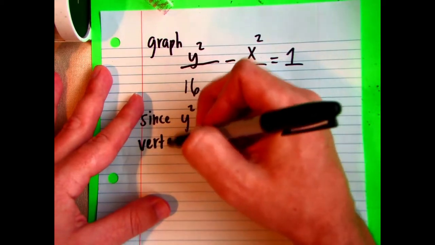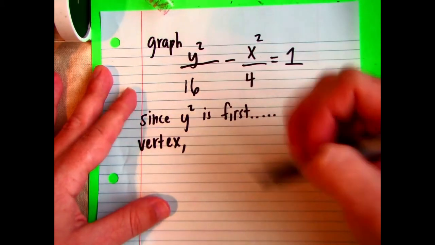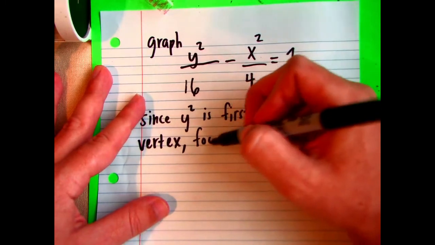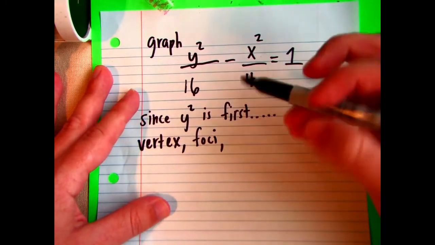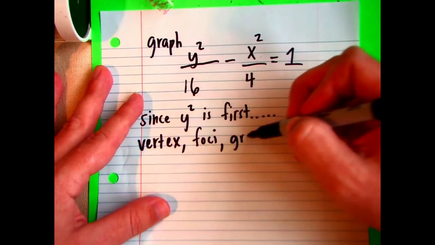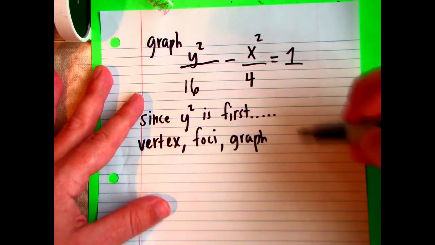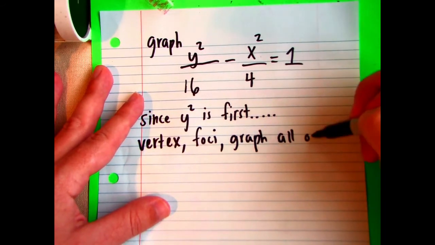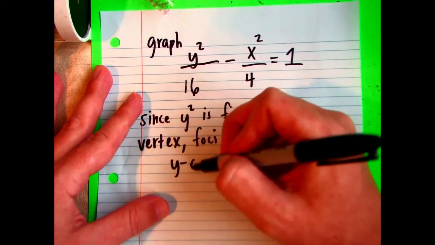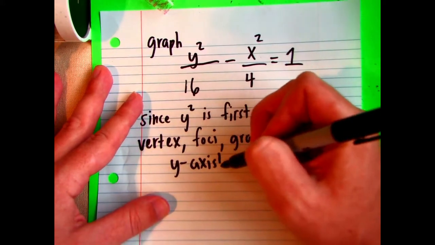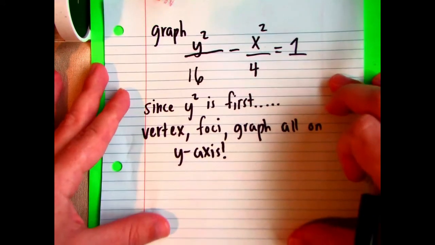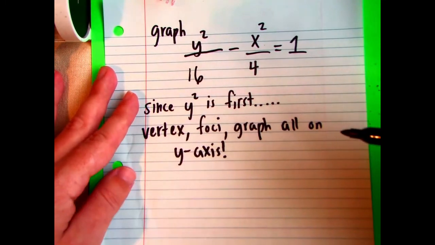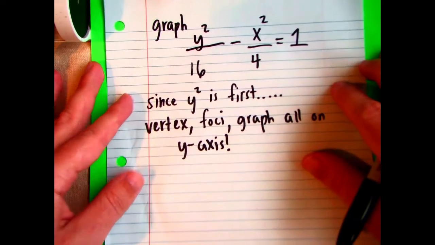So that means the vertex, the foci, the graph, they're all going to be on or through the y-axis. The vertex, the foci, the graph, they're all on the y-axis now because y squared was first.